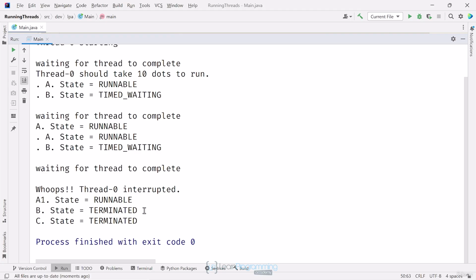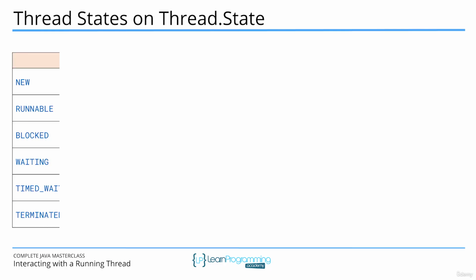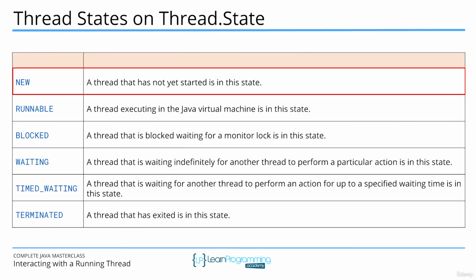These different states are values on an enum that's declared on the Thread class and called Thread.State. A thread is in the new state before we execute the start method on it. An executing thread will be in the runnable state as long as it's not waiting for something. A waiting thread could be blocked, meaning Java recognized a blocking condition. I'll be covering these a bit later.